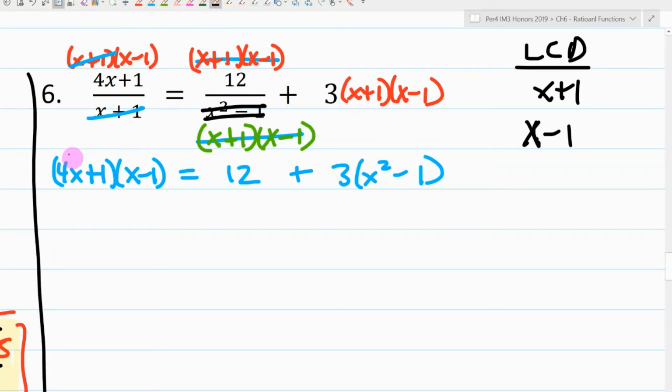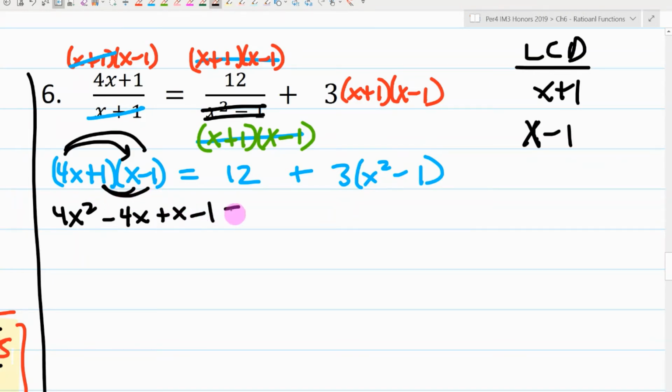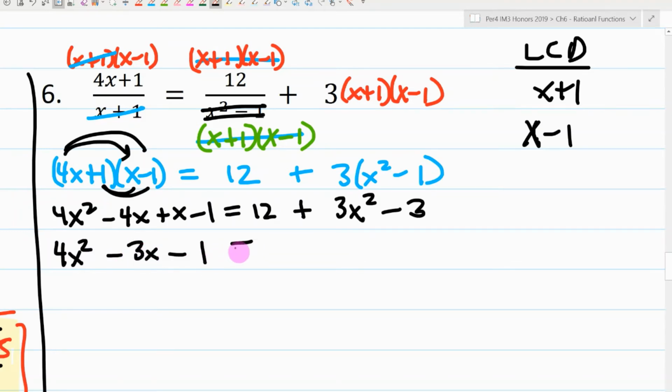Here, I have to multiply this whole thing out. So that's going to be 4x squared minus 4x plus x minus 1, and then that's 3x squared minus 3. So 4x squared minus 3x minus 1, and on this side I have 3x squared plus 9.